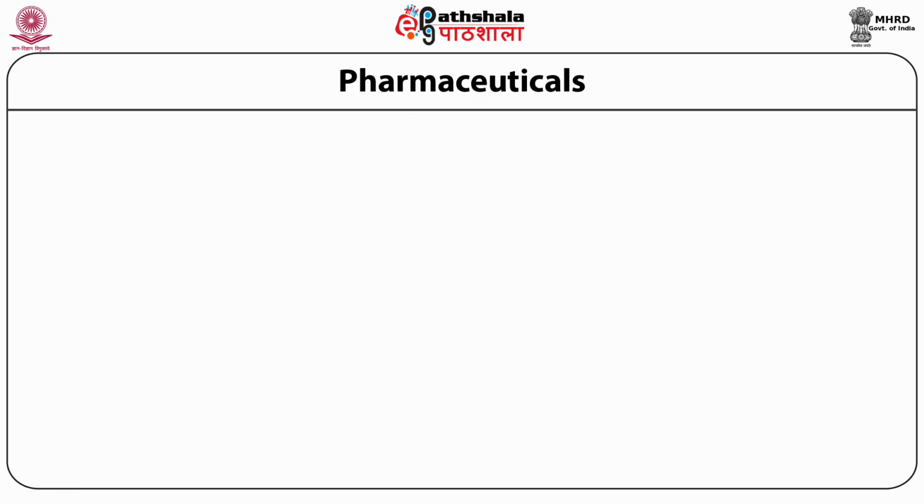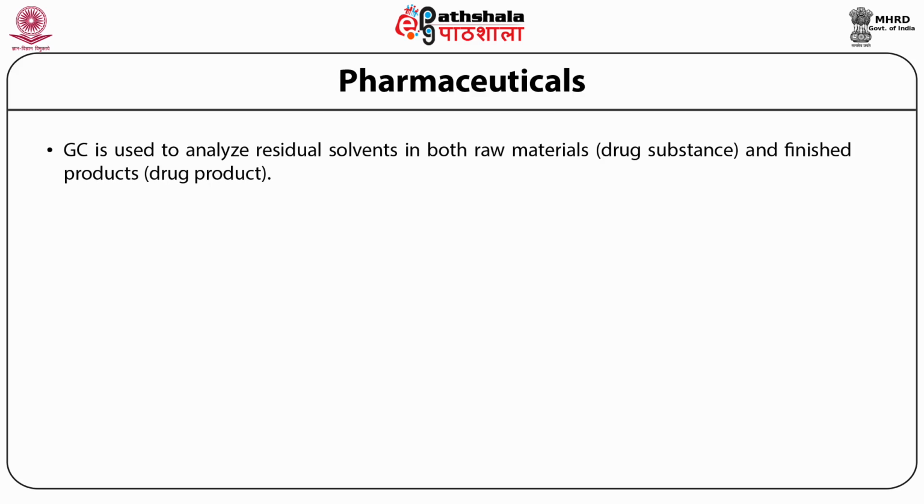Pharmaceuticals. To provide drugs that are safe and effective, accurate analysis is needed and gas chromatography is very useful for this. Gas chromatography is used to analyze residual solvents in both raw materials, that is drug substance, and finished products, that is drug product.